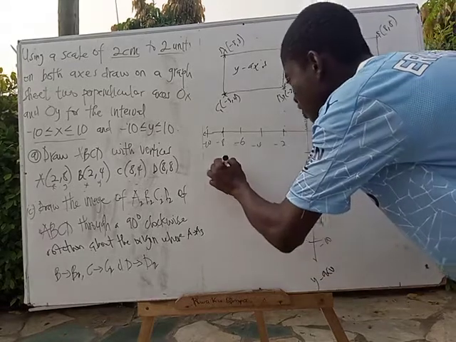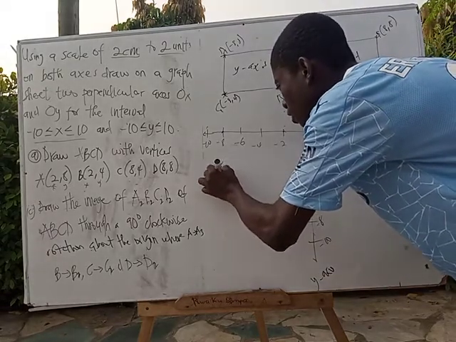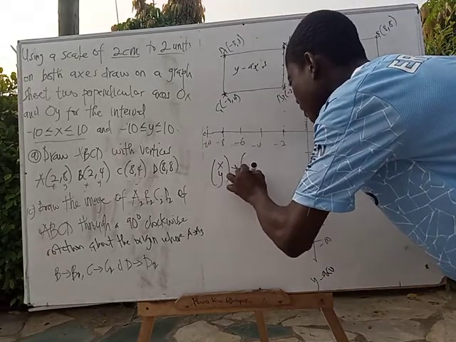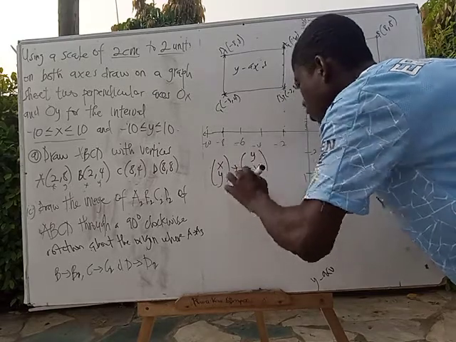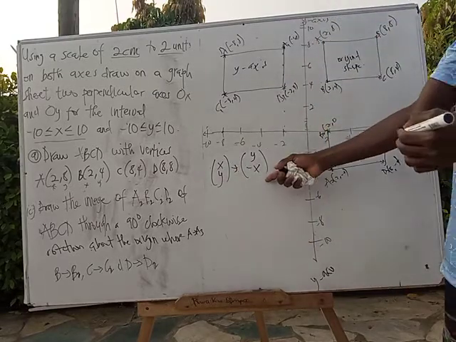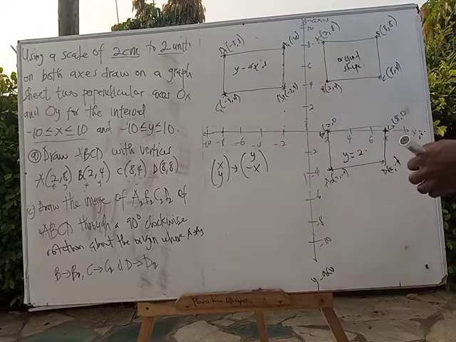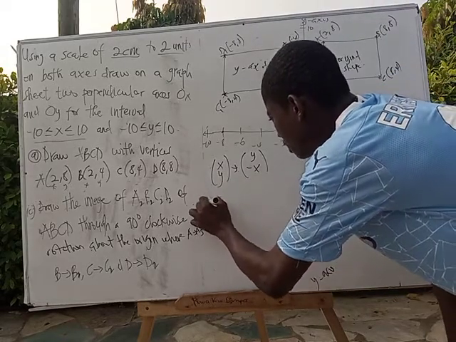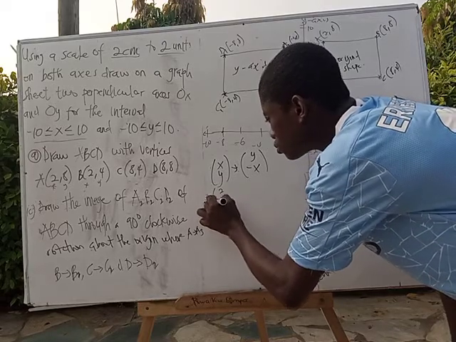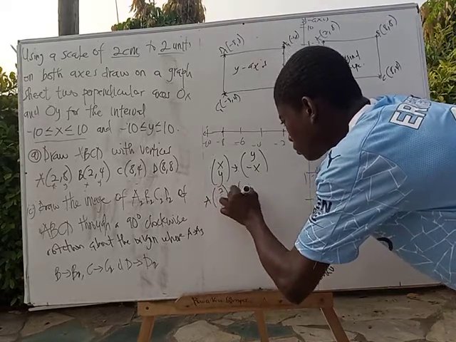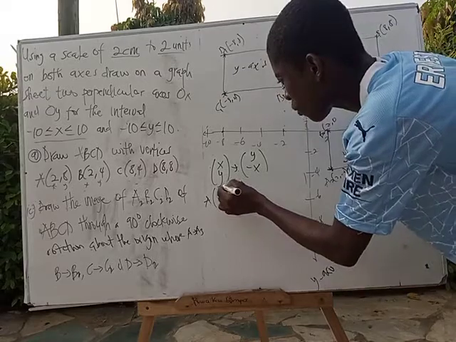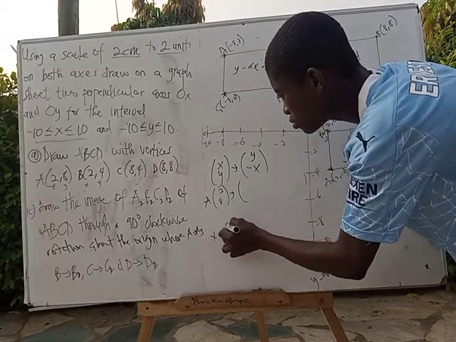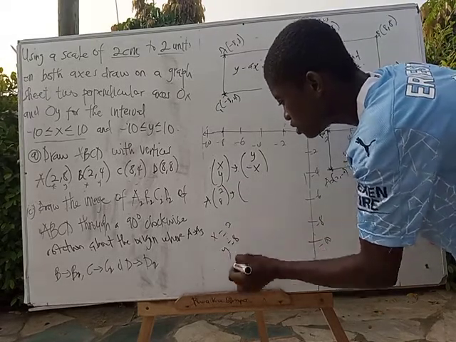So let's go 90 degrees clockwise rotation. We know that x, y maps to y, negative x. From that video we explained all these formulas. A is 2, 8. So here our x is 2 and our y is 8.